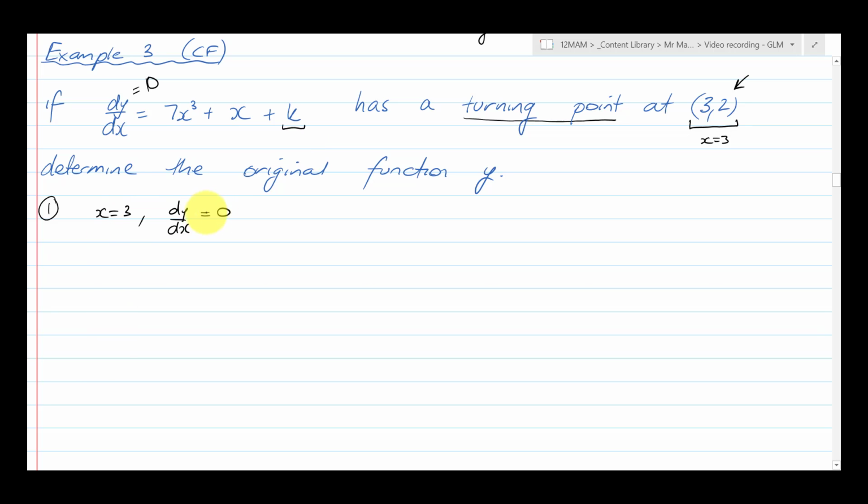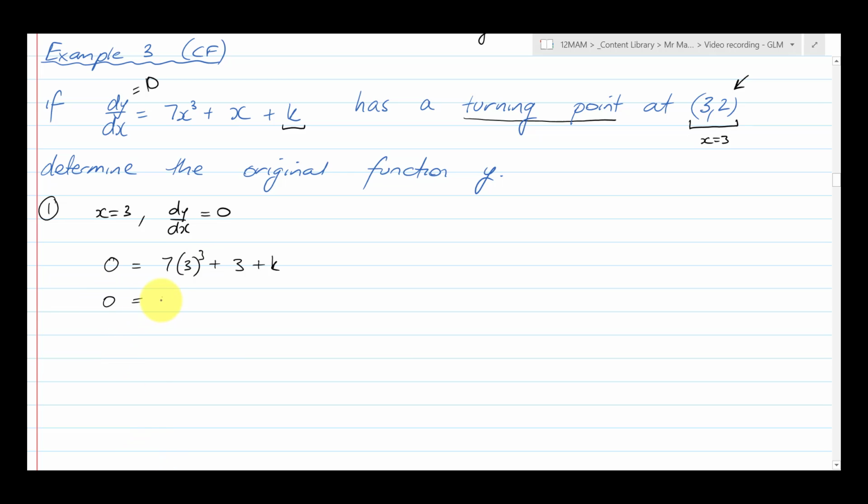So at x equals 3, dy/dx equals 0, giving me 0 is equal to 7 times 3 cubed plus 3 plus k. 3 cubed is 27, and 27 times 7 is equal to 189.